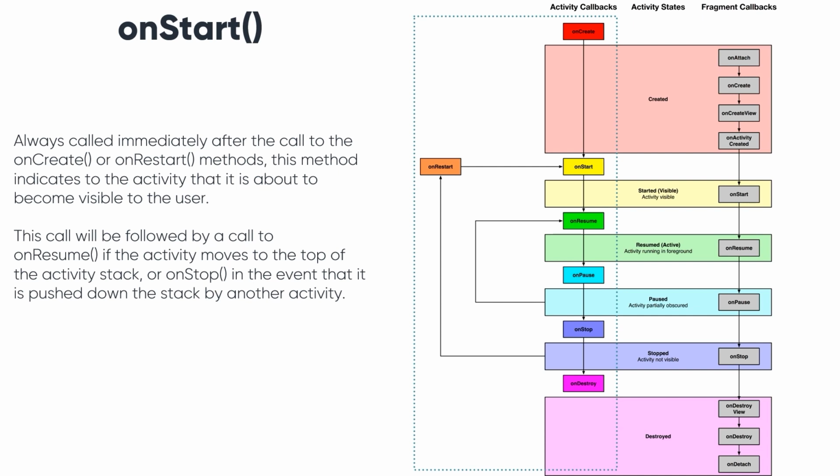The onStart method will be followed by a call to the onResume method if the activity moves to the top of the activity stack, or the onStop method in the event that it's pushed down the stack by another activity.